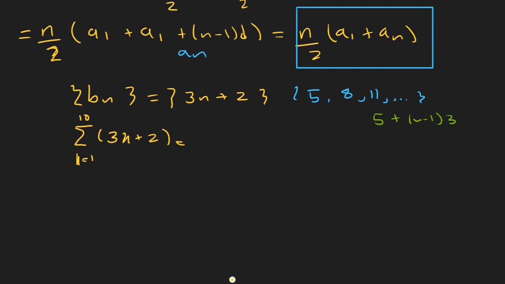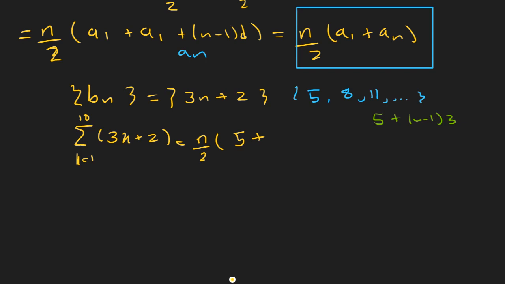Well, we know that we will take n divided by 2 multiplied by the first term, which in this case is 5, plus the nth term. But we already figured out what the nth term happens to be.